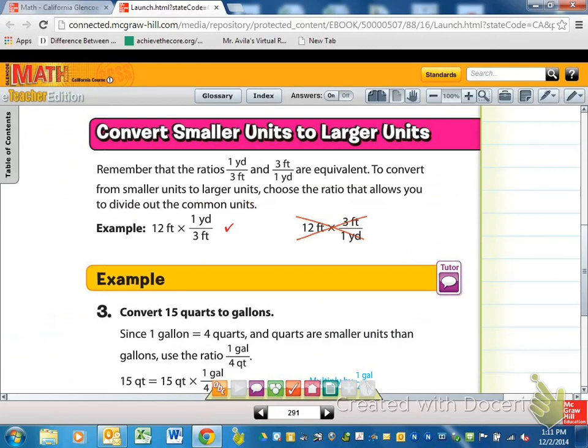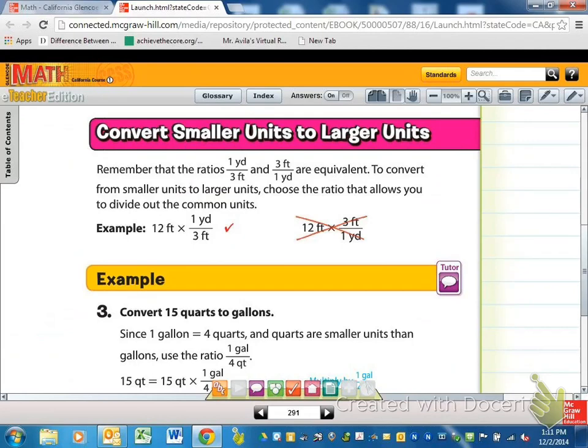Now when we go from smaller units to larger units, it says here, remember that ratios 1 yard over 3 feet and 3 feet over 1 yard are equivalent. To convert from smaller units to larger units, choose the ratio that allows you to divide out the common units. So now we're going to have our ratio look like a regular proper fraction instead of an improper fraction like we did before.